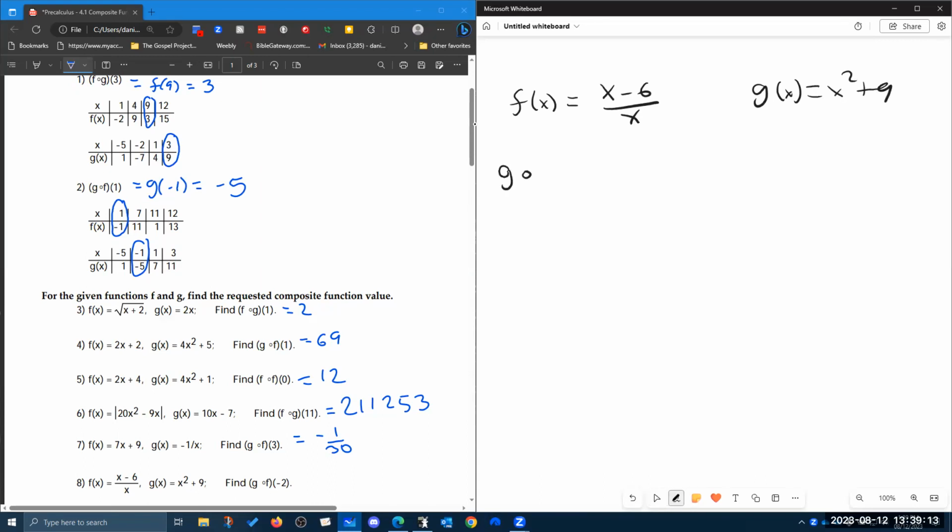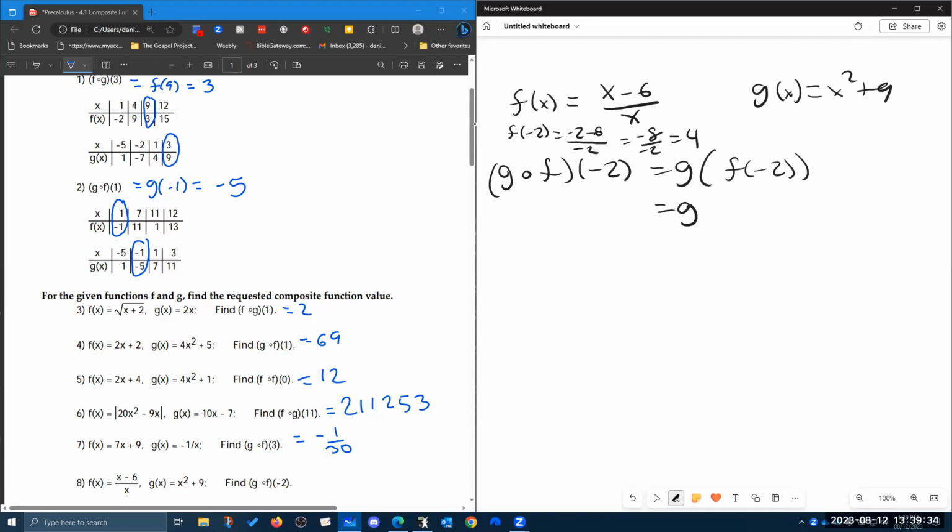We want g of f of negative 2. f of negative 2 is negative 2 minus 6 in the numerator, and negative 2 in the denominator, so negative 8 over negative 2 is a positive 4. This is g of 4, which is equal to 4 squared plus 9. 16 plus 9 is 25.